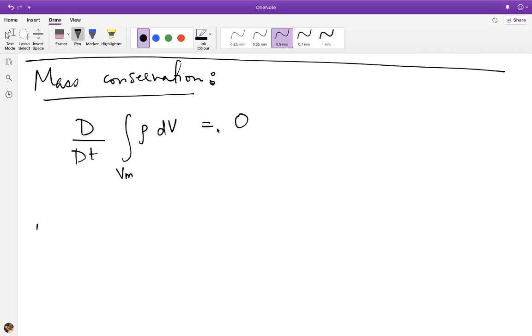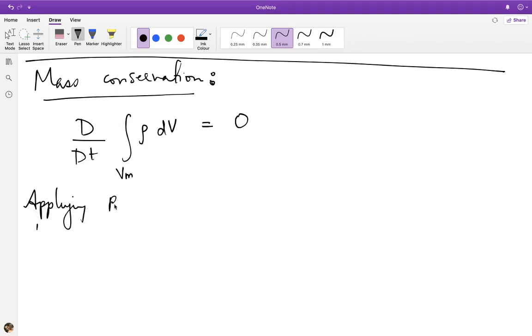This is a direct expression of the principle of mass conservation. But now we want to express this material derivative of the mass of a material volume in an Eulerian sense. For that we use the Reynolds transport theorem.